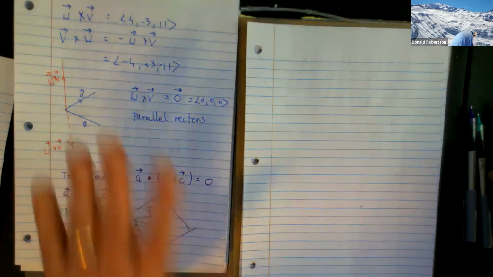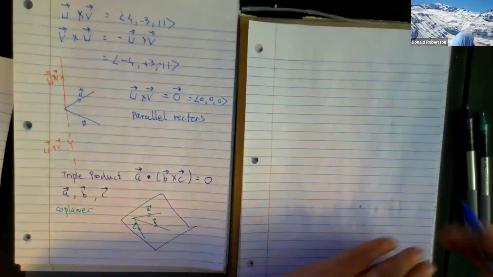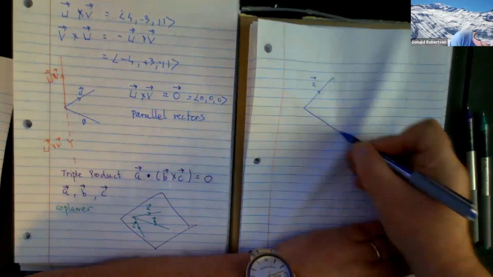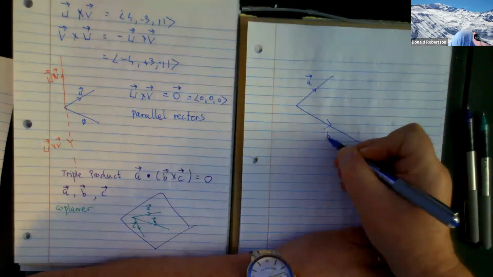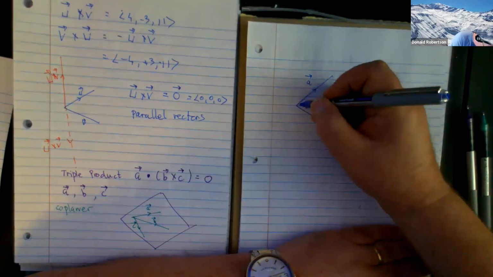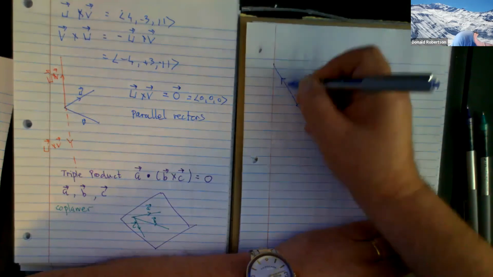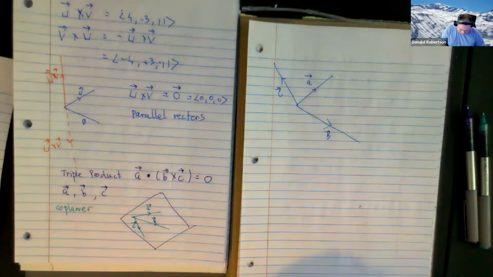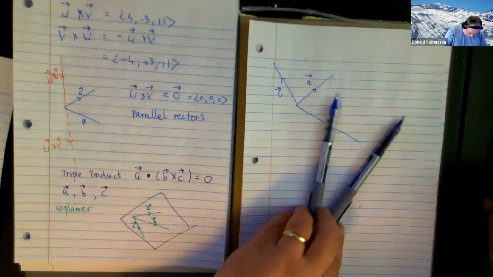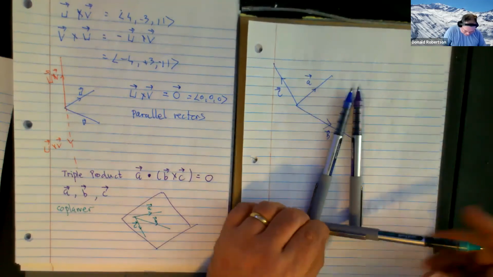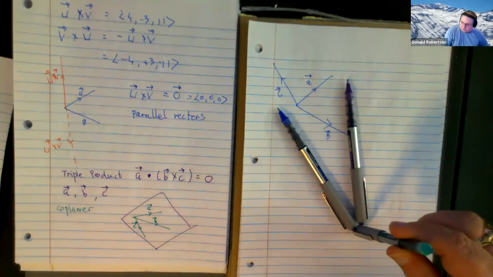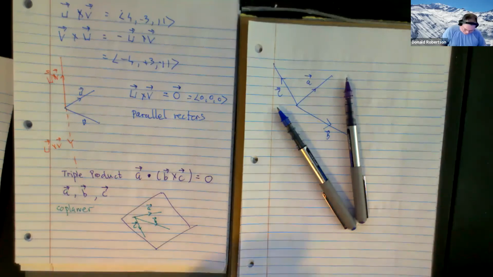So I want you to imagine I've got a vector A, I've got a second vector here, B, and I've got a third vector, which is not coplanar or orthogonal or anything else. Three boring vectors that have nothing to do with each other, right? They're all pointing any which way but loose.